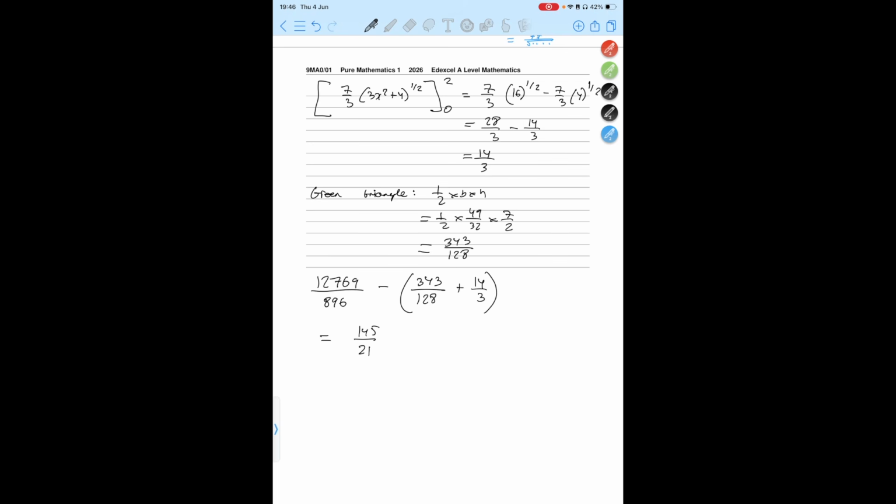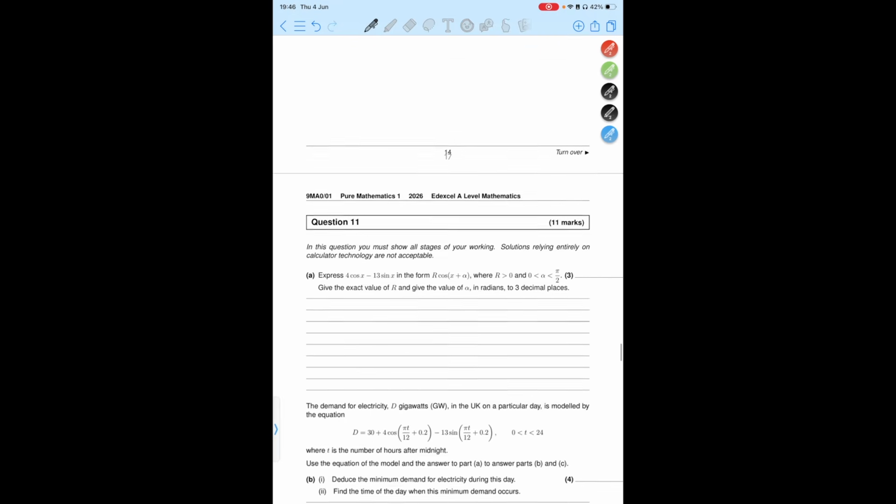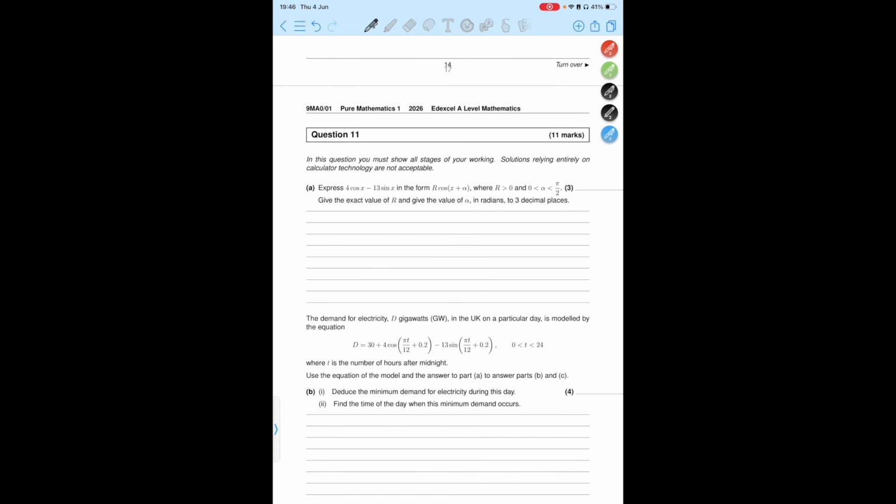So let's move to question 11 now, getting closer to the end. Express this in the form r cos. This is something, I think the name is like harmonic something. In radians, of course, because we've got the bound between 0 and pi over 2.